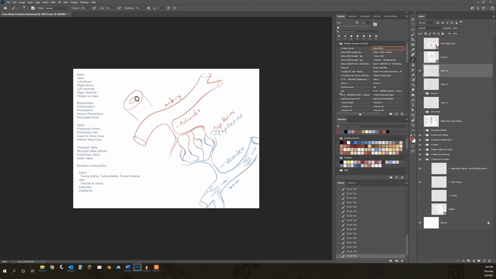So there's going to be our artery. Here's going to be our vein. And they have a similar construction. They're just put together a little bit different.